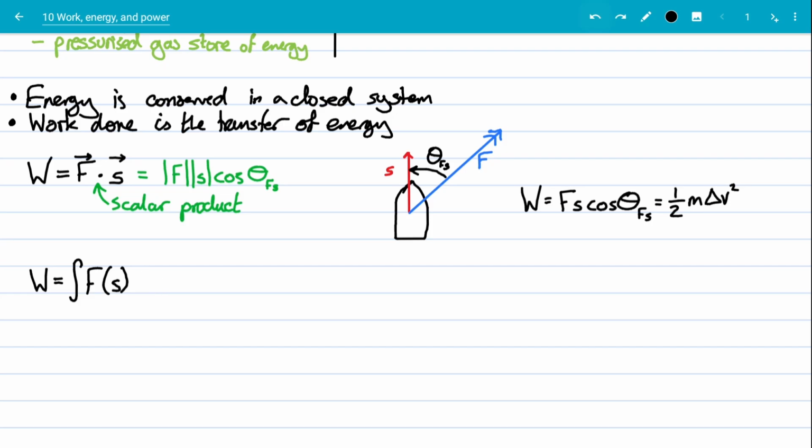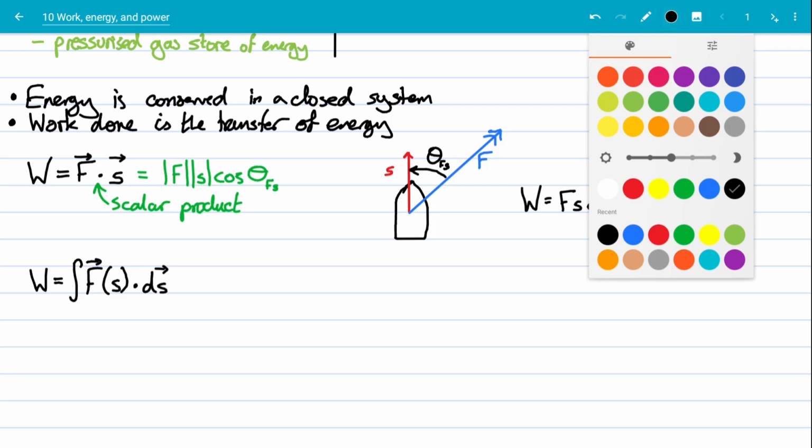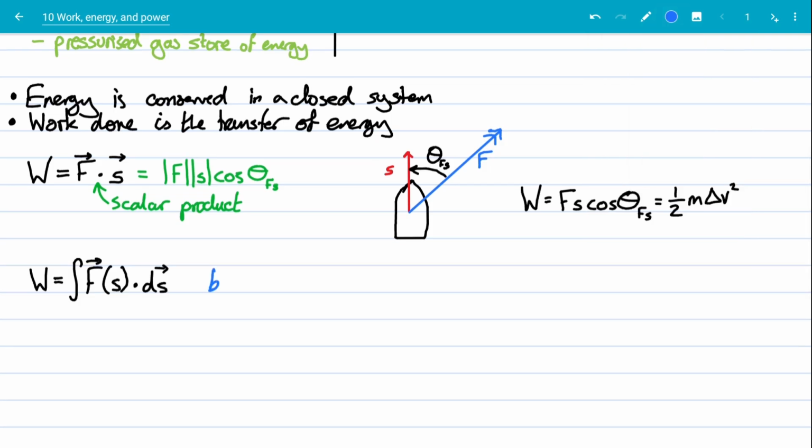And of course, because s is a vector and F is a vector, it would be dot ds. So we'd end up with something that looks a little bit like this. And that's a little bit more complicated, but it does lead us into the last part of this. So this is better, but generally not needed for A level.